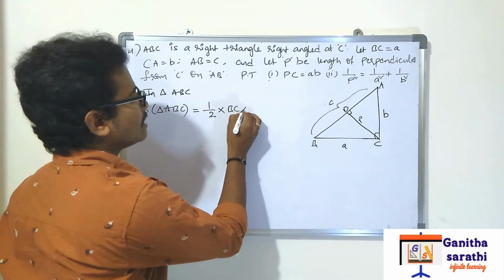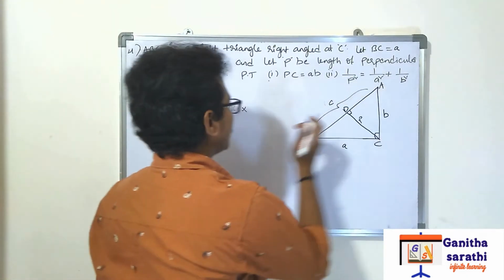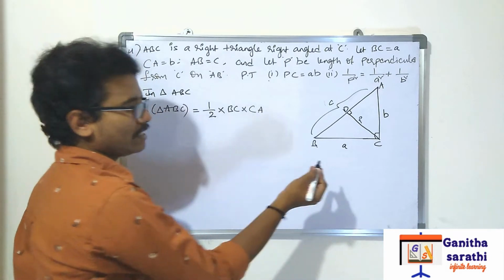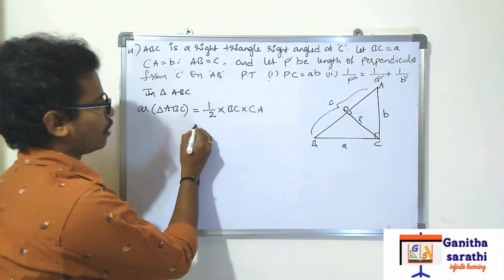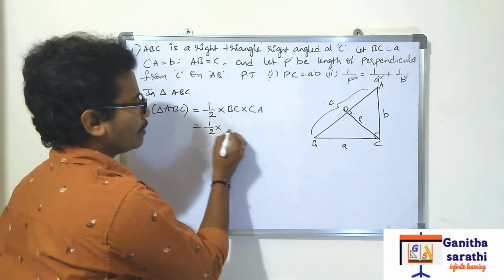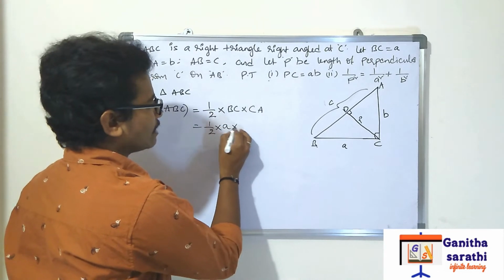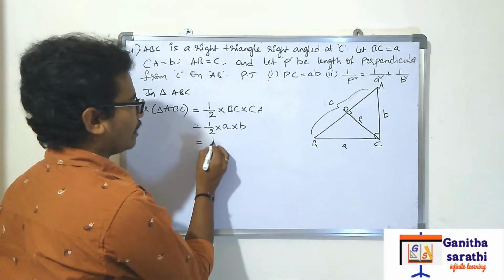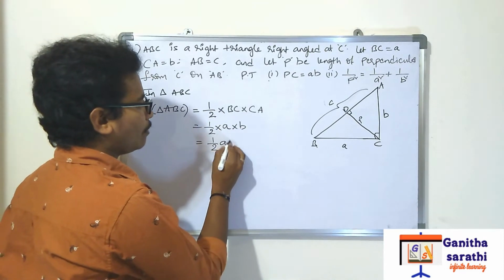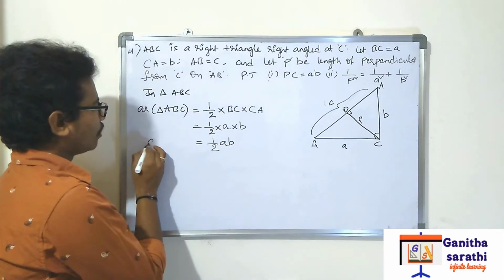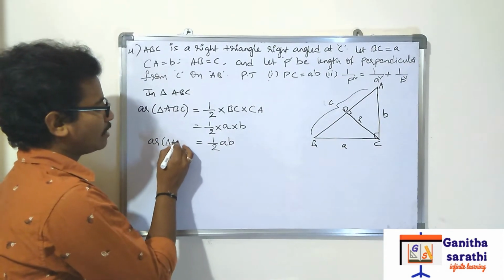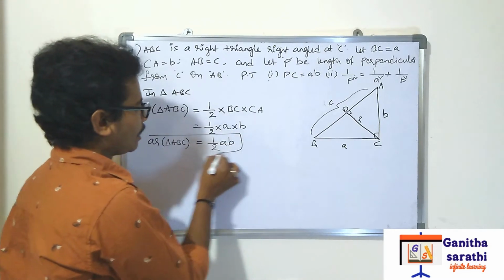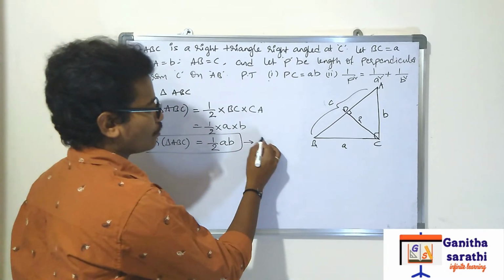If BC is the base, then CA will be the height. Now half into BC, which is a, into CA, which is b. So the area of triangle ABC is equal to half into ab. Take this as equation number 1.